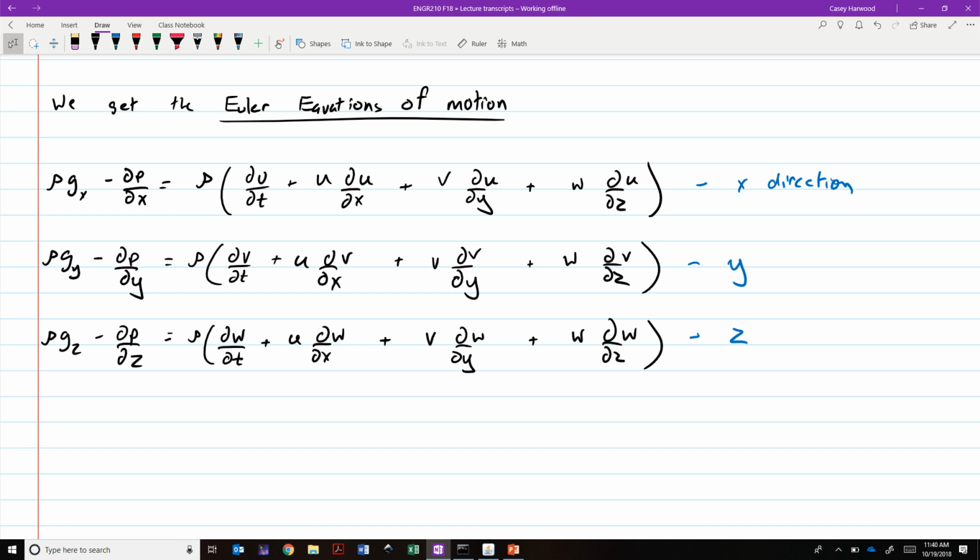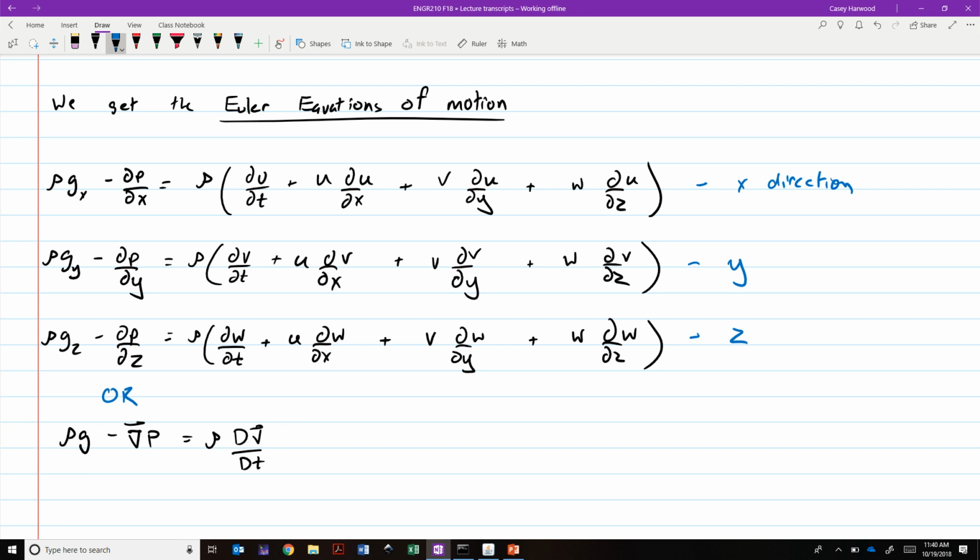We can boil all of this down into a much friendlier expression. We say rho g minus grad p is equal to rho dV/dt. This vector expression expands into this whole mess right here because it contains three components, and we've repacked that material derivative back into the d/dt term.